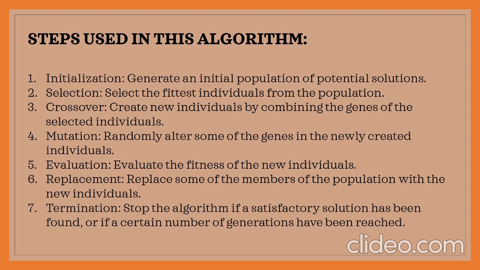Stop the algorithm if a satisfactory solution has been found or if a certain number of generations have been reached. This means we need to stop the algorithm if we get a satisfactory solution or the number of generations have been reached.